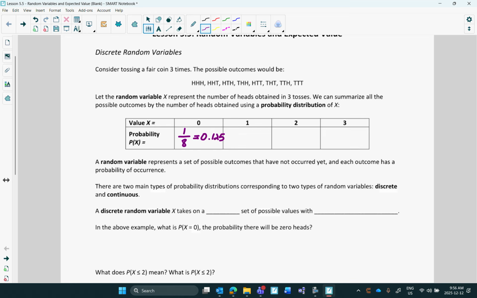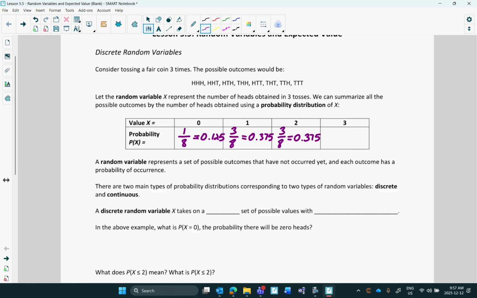What's the probability of getting 2 heads? Well, 1, 2, 3, yes. 3 out of 8, which is going to be 0.375. Oh, sorry, that's 1 head is 3 out of 8. I jumped ahead. Here's the three possibilities where there's 1 head, 3 out of 8. 3 possibilities where there's 2, so it's the same probability as if there's 1 head.